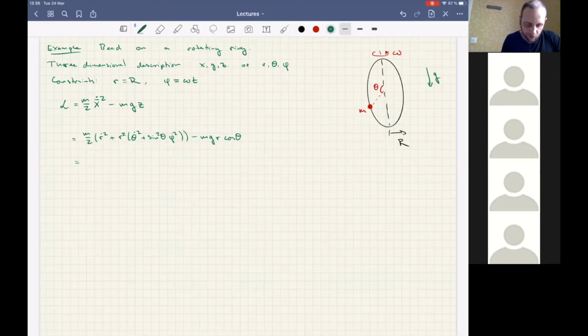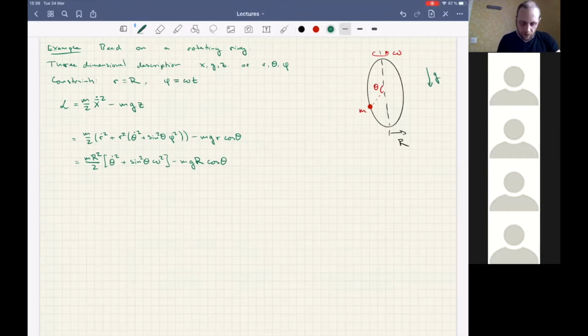I'm going to end up with m r squared over 2 times (theta dot squared plus sine squared theta omega squared) minus mgr cosine theta. And now this Lagrangian only depends on theta and theta dot.